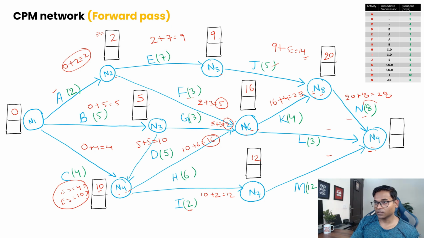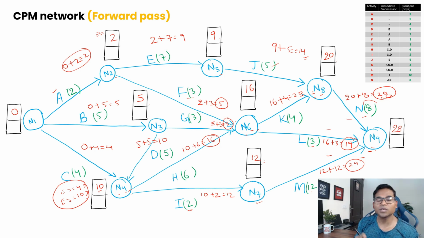For the path coming from N6, the ES is 16, so 16 plus 3, the duration, is 19. As per the path N7 to N9, the early start was 12, and the duration of this one is 12, so that is 24. So now we have three options: 28, 19 and 24. For node 9 it should be 28, because 28 is the maximum.